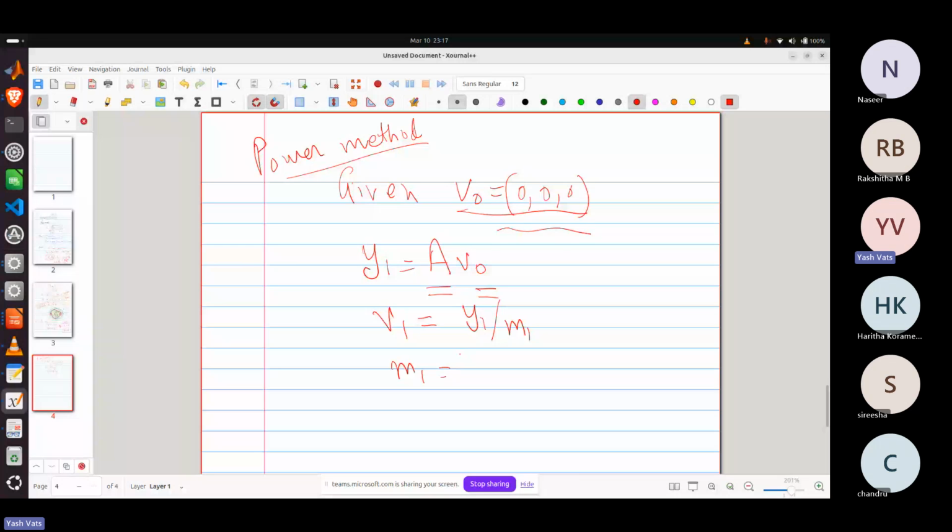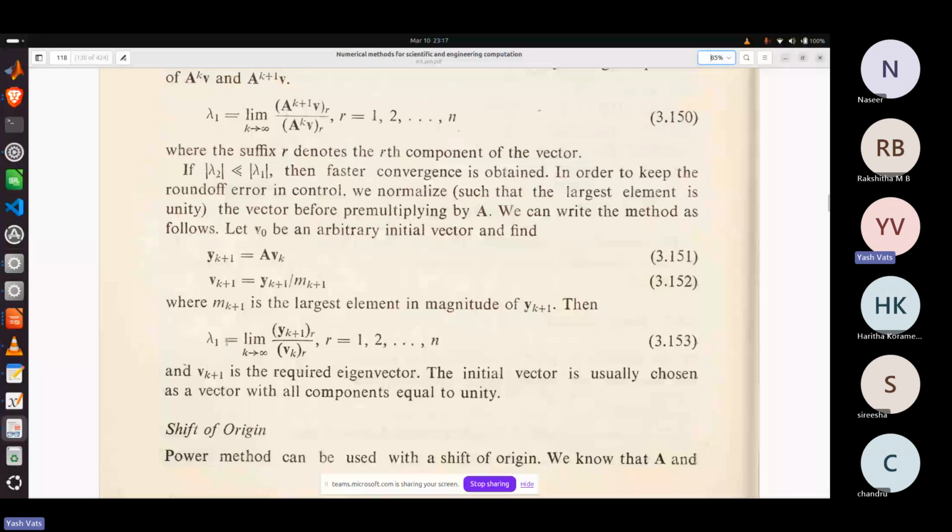Since y1 is A times V naught, it will be some vector, say a, b, c, then m1 is the maximum of a, b, c. So you have y1, you have v1, then you have lambda 1, which is the limit as k goes to infinity of y1 by V naught, component r.